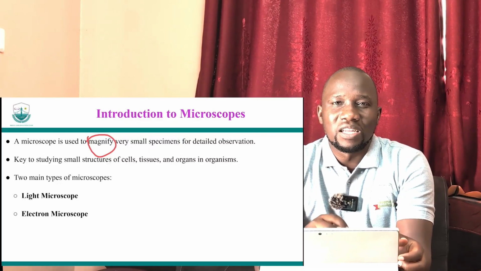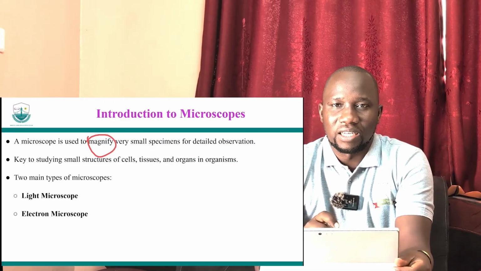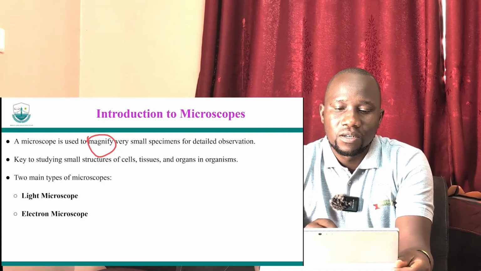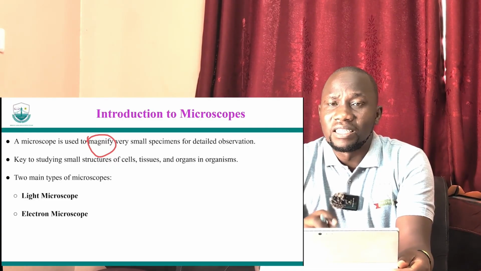So that means that we can use the microscope to see things that we can't see with our naked eye. So we can see cells, we can see tissues, we can also look at organs in details.